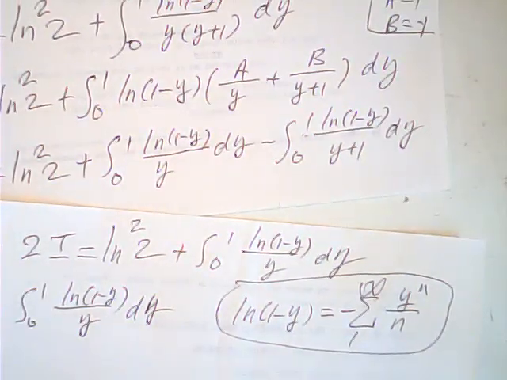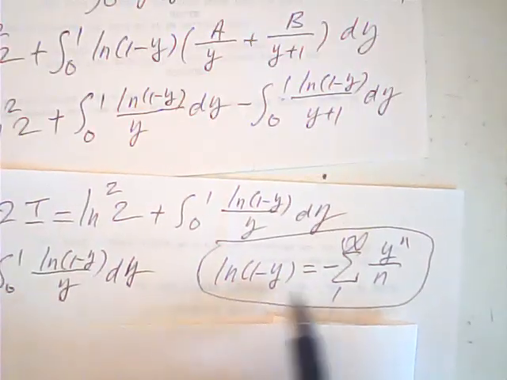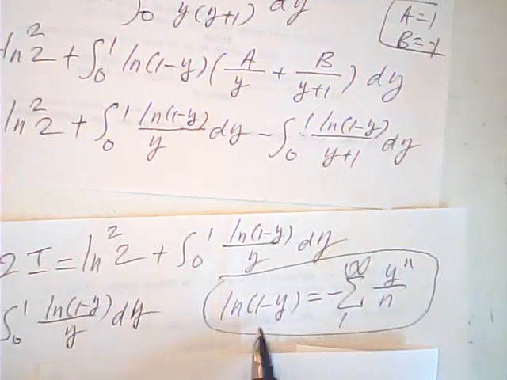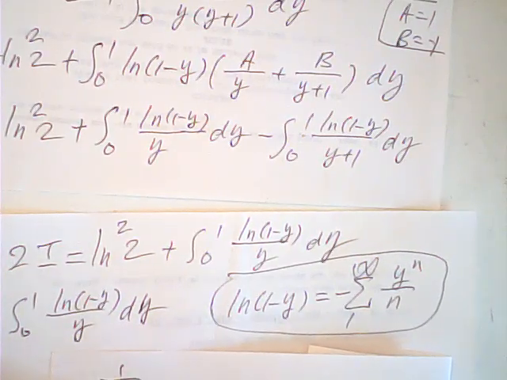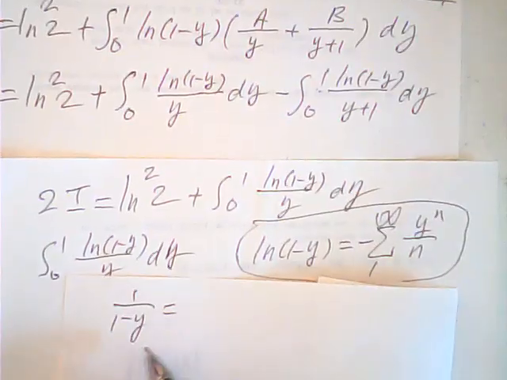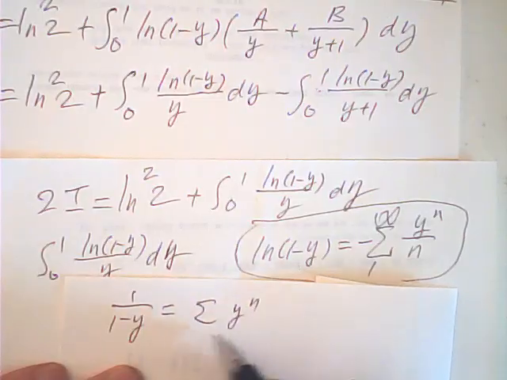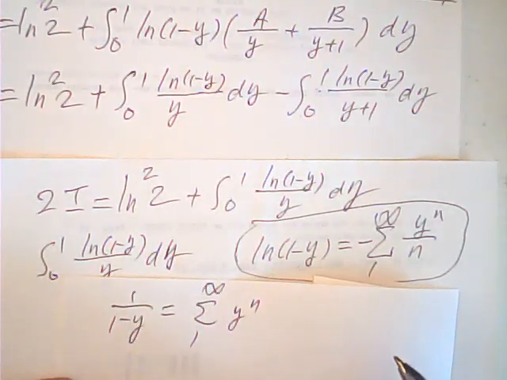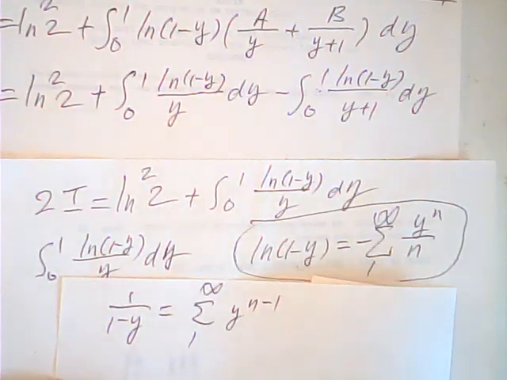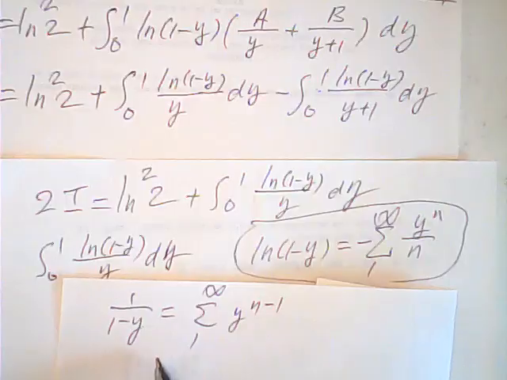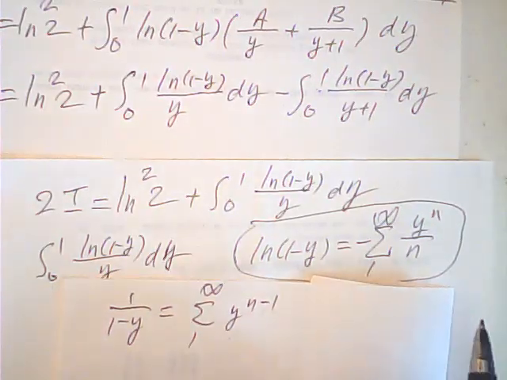Well, if you don't remember that one, let me show you how to find the Maclaurin series of log 1 minus y. Let's just start with this. This one is just a power series: 1 over 1 minus y is equal to sigma y^n, n from 0 to infinity. I think that's correct.